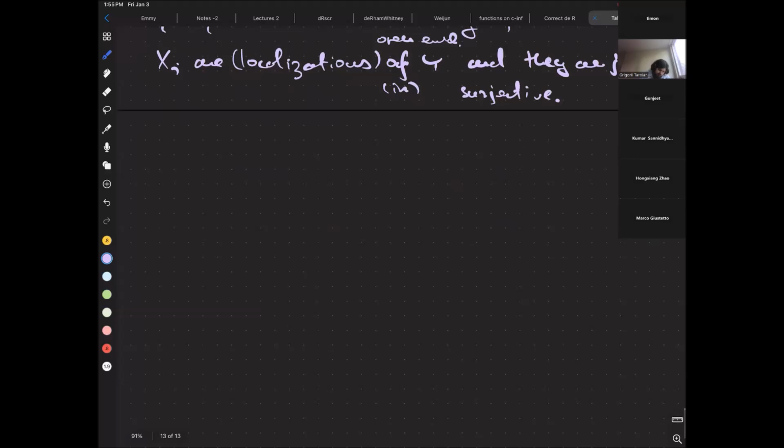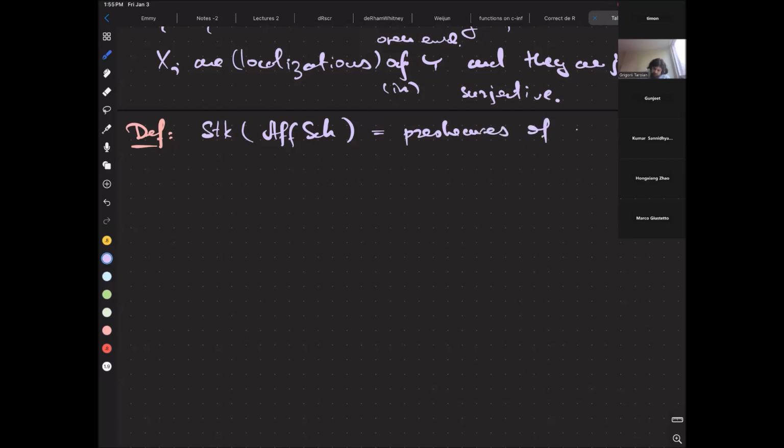Okay, so now the definition: the category of derived stacks on affine schemes is, as I mentioned before, sheaves of... well, that's actually a good question.